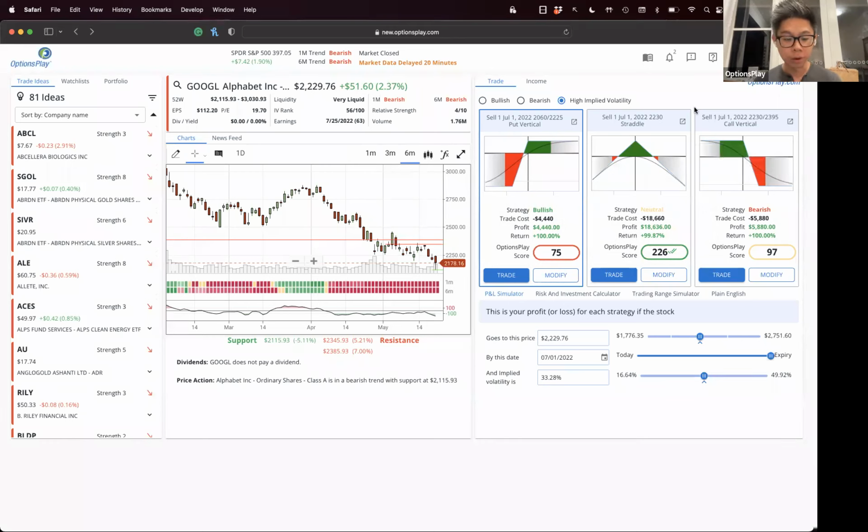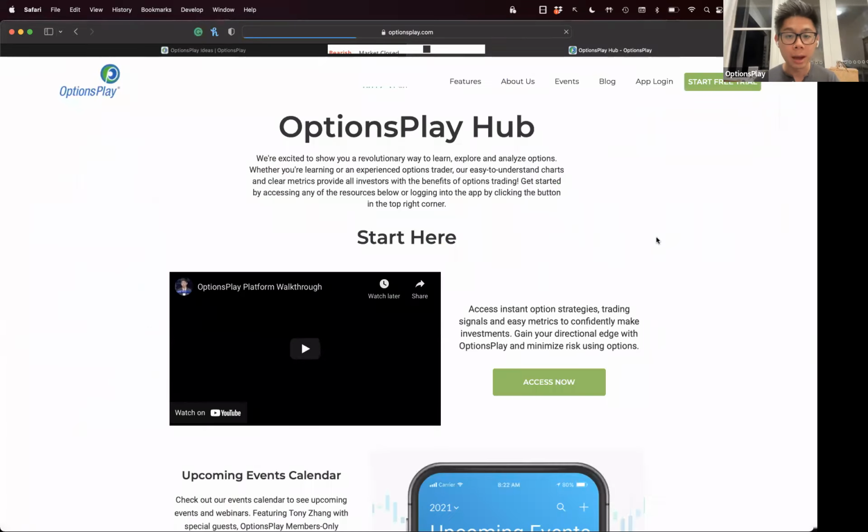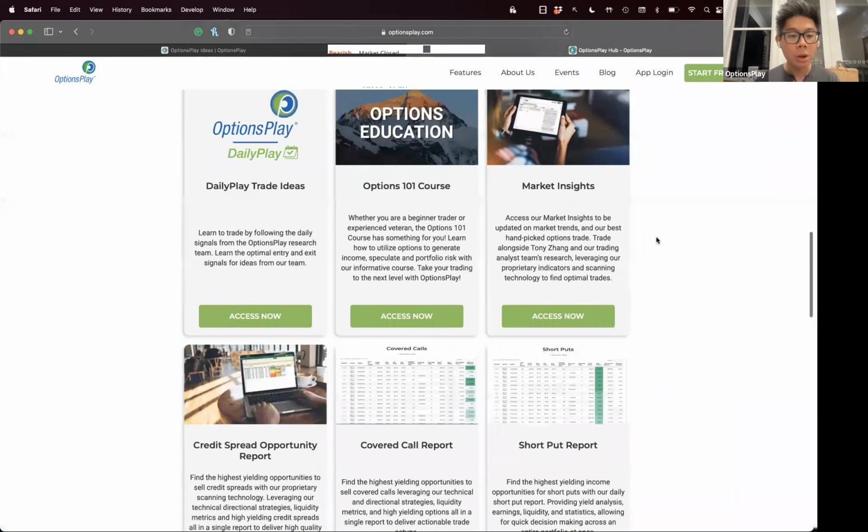And what we've done here is we've automated the process of selecting the expiration date and strike price based on the best practices that we teach. Many of you have used OptionsPlay before in the past. You may have used our credit spread opportunity report here in the OptionsPlay hub, which you can now log in to immediately if you're logged into the platform.